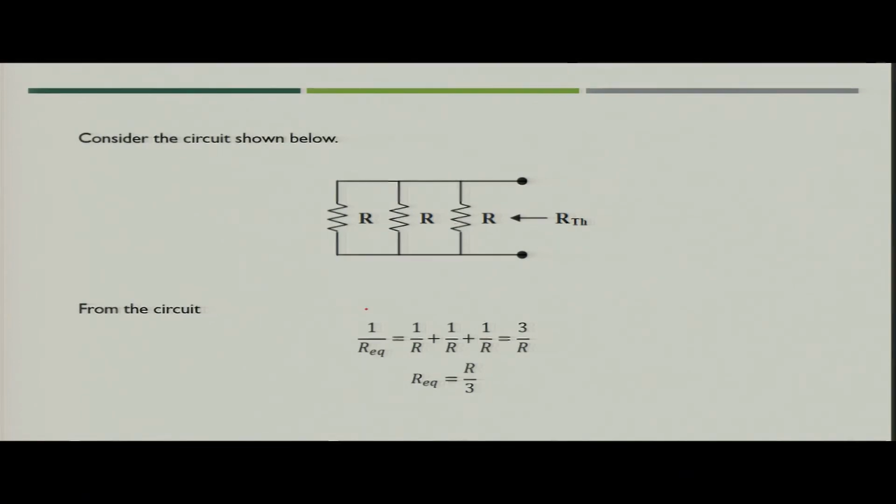So, RTH is nothing but R equivalent across these two terminals, then you can write 1 upon R equivalent is nothing but 1 by R plus 1 by R plus 1 by R. So, this will become 3 by R. Therefore, the R equivalent which you will get is R by 3.